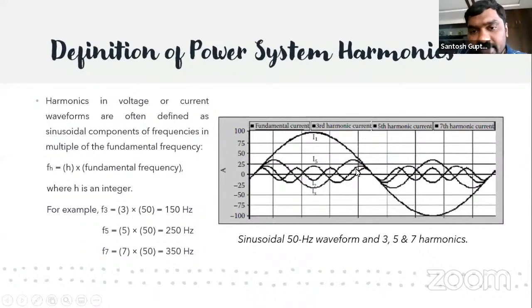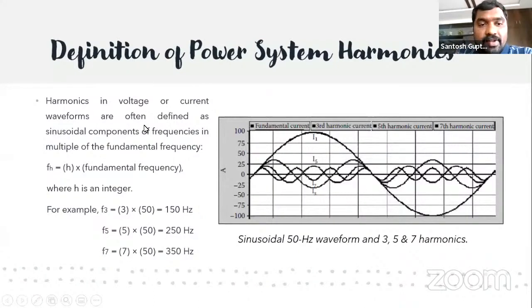It has a frequency of the harmonic order times the hertz of the system. Suppose I have a 50 hertz system, my fundamental frequency will be 50 hertz, and the third harmonic will be 3 times 50, which is 150 hertz. The fifth order will be 5 times 50, which is 250 hertz, and the seventh harmonic will be 350 hertz.